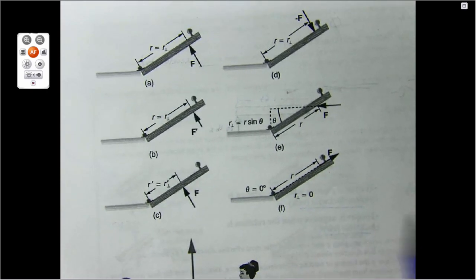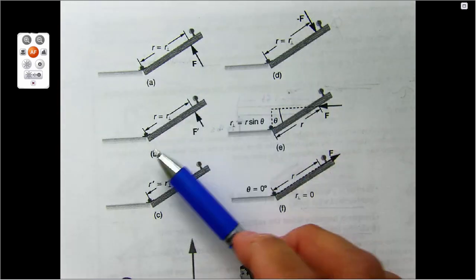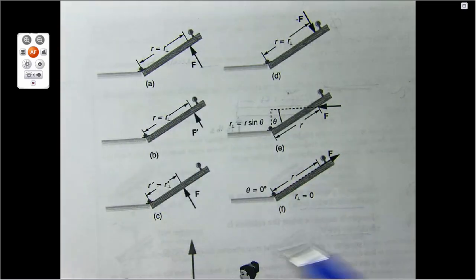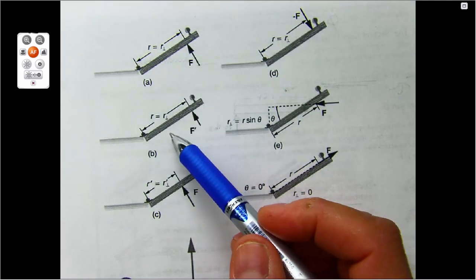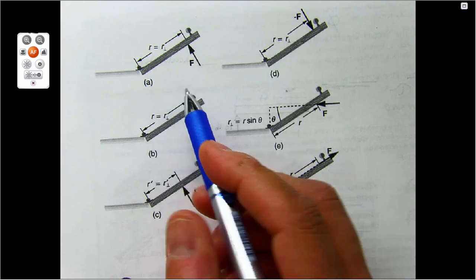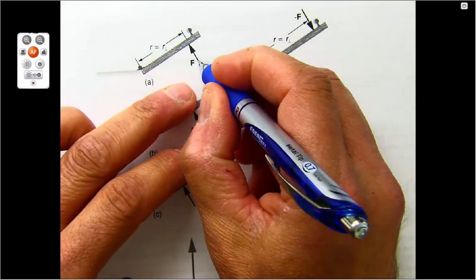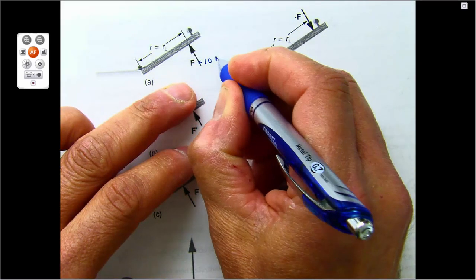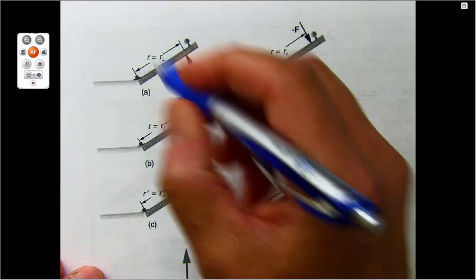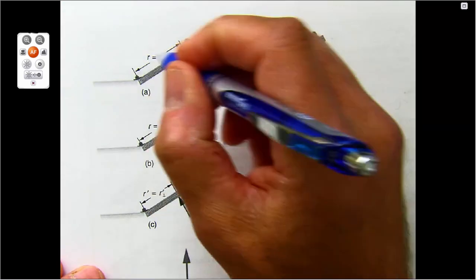So we just look at this and say, how does A, B, and how does B through F compare to A? I'm going to say this force right here is 10 newtons. Now let's make this radius starting out 1 meter.